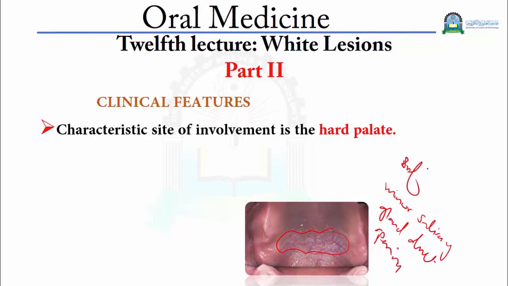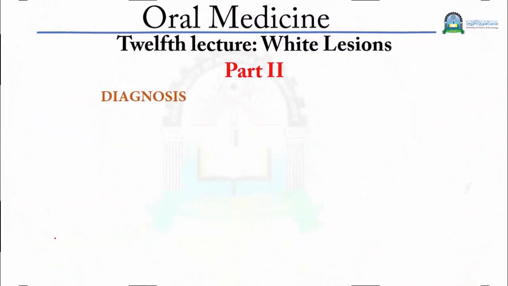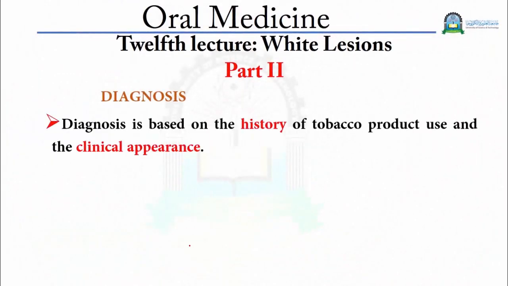So they are inflamed minor salivary gland duct openings due to the effect of the heat and the chemicals present in the smoked tobacco. Although predominantly white, there is erythema with punctate red dots, as we mentioned, representing the inflamed minor salivary gland duct orifices.